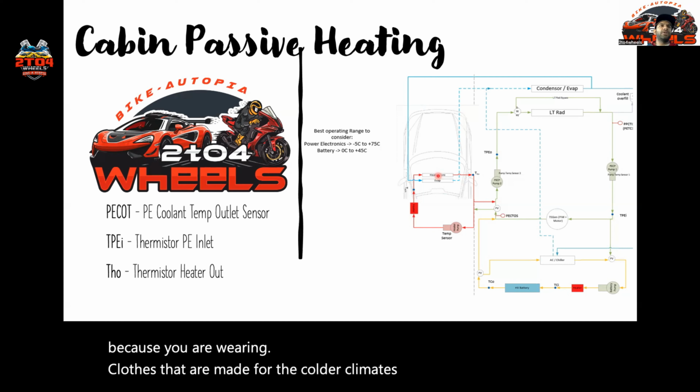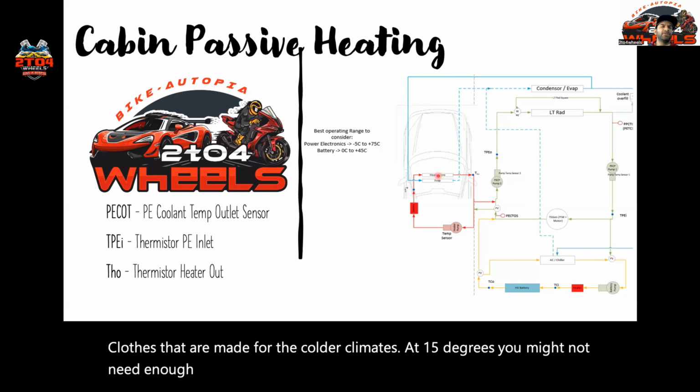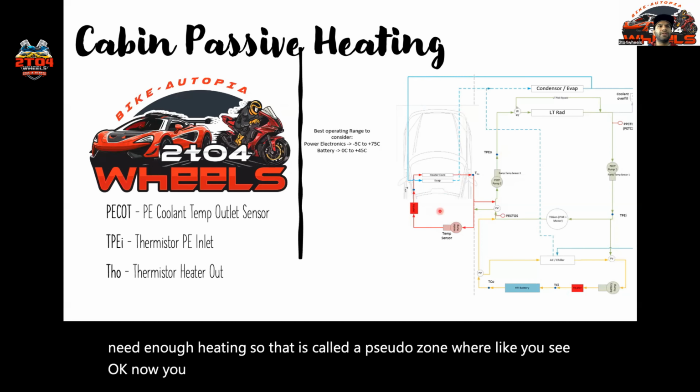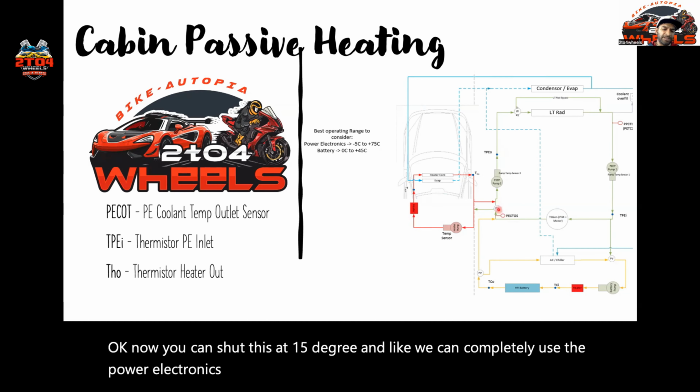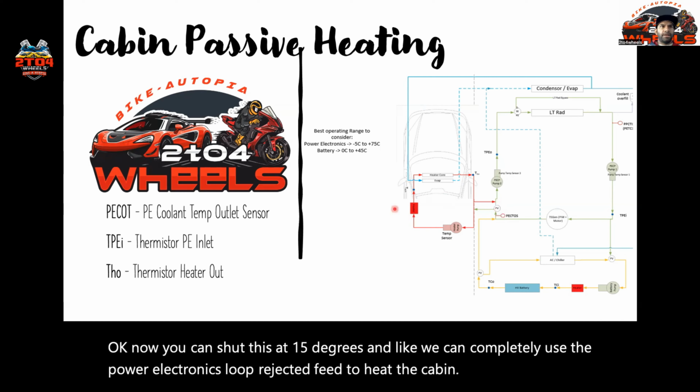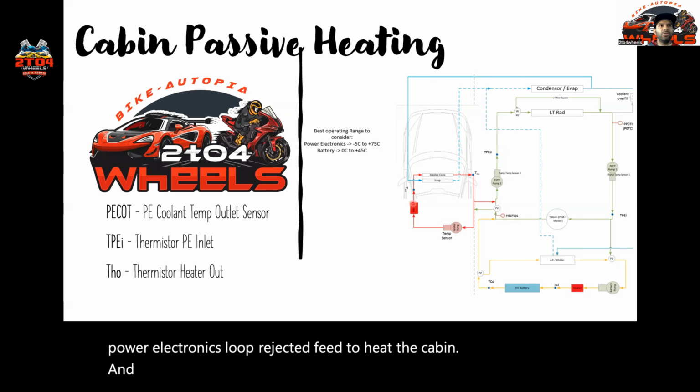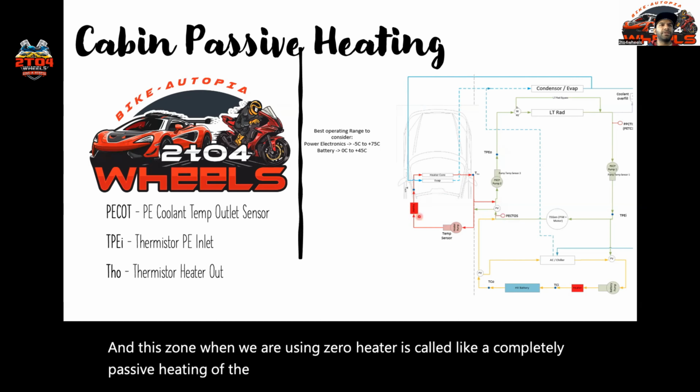At 15 degrees, you might not need enough heating, so that's called a pseudo zone where we see, okay, now we can shut this at 15 degrees and completely use the power electronics loop's rejected heat to heat the cabin. And this zone, when we are using zero heater, is called completely passive heating of the cabin. That now saves us a lot of energy and a lot of usage of the battery to run the heater.